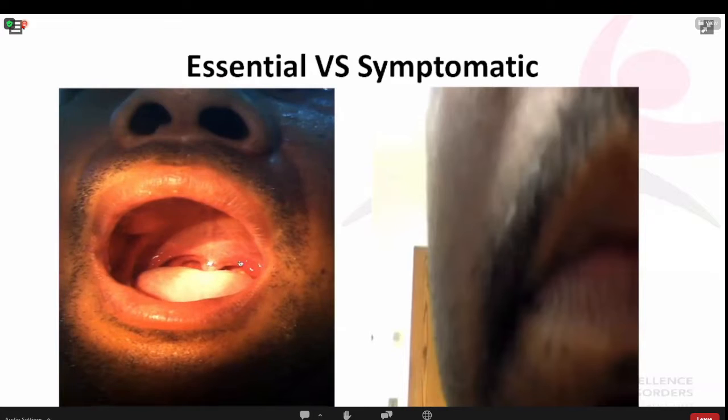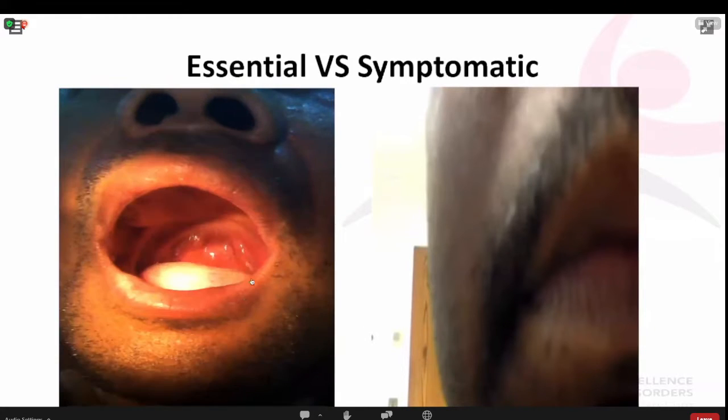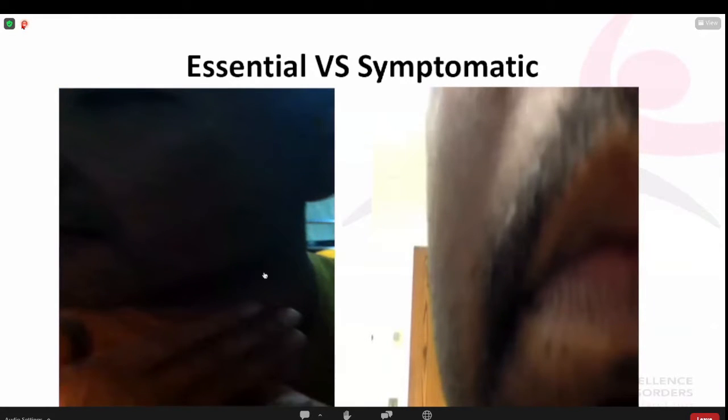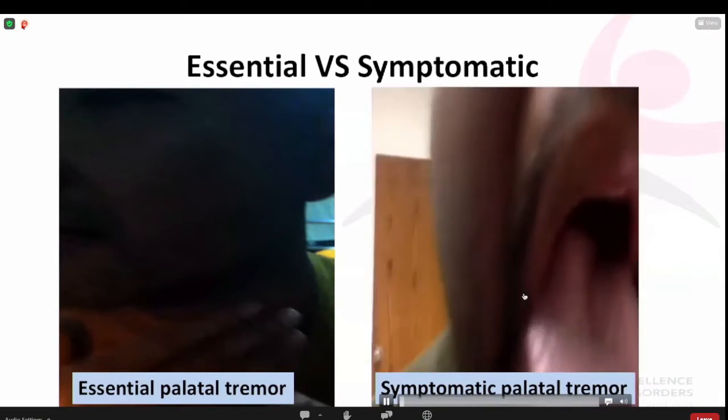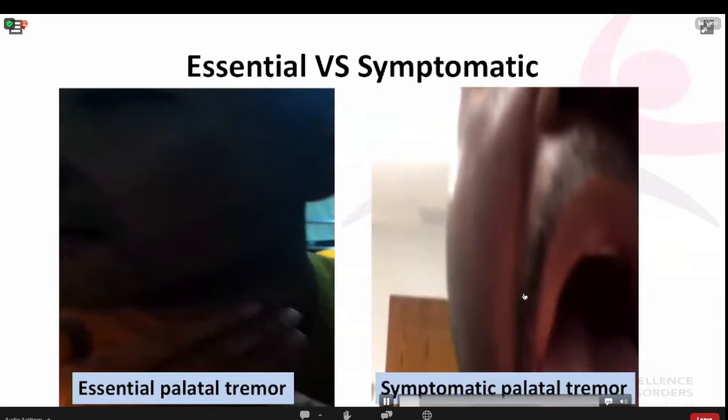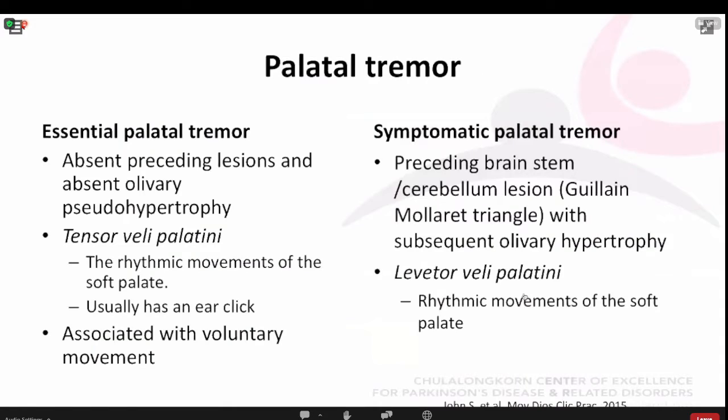And sometimes he can stop the movement. The first patient has essential palatal tremor, but in the second patient you not only see the palatal tremor, but also a tongue tremor and another neurological sign like tongue deviation. It is symptomatic palatal tremor with a lesion in the brainstem.